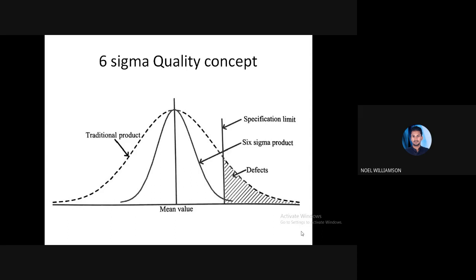So if you consider a process that produces 1 million parts, then for this process to meet the Six Sigma quality level, it must produce less than 4 defective parts. That means the DPMO, defects per million opportunities, is 3.4.